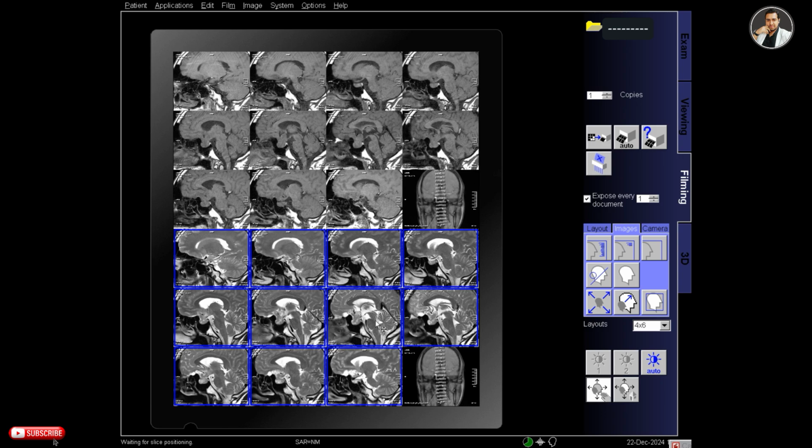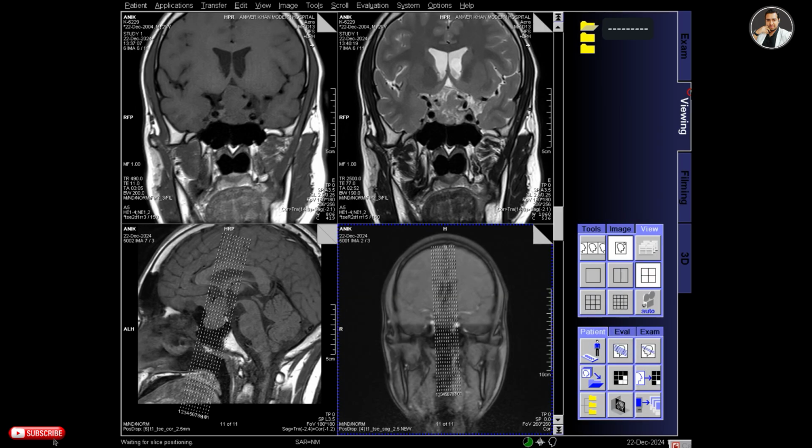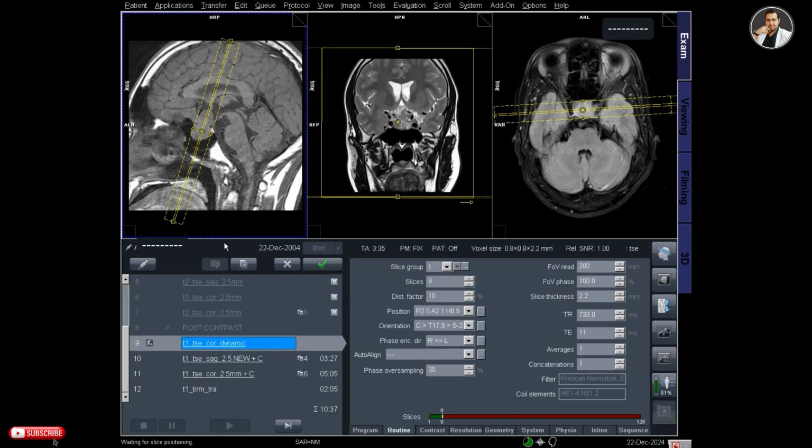So this is the technique, and you can see the sagittal films that I have made for pituitary glands. This is the coronal planning that I have planned over the sagittal image and parallel to the pituitary adenoma, and also check over the axial image.